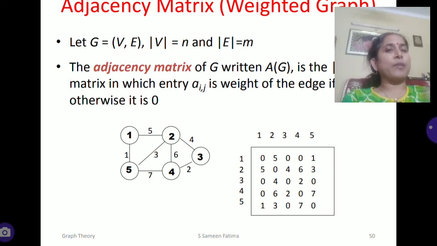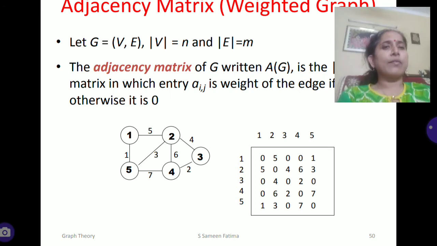The edge from 1 to 2 has 5, so at 1 cross 2 you can see the entry as 5. At 1 cross 5 the entry is 1, and there are no entries for 4 and 3, so you can see 1 cross 3 is 0 and 1 cross 4 is also 0.